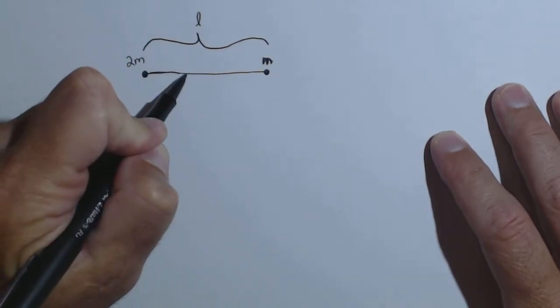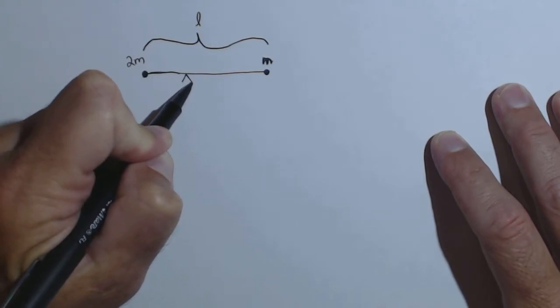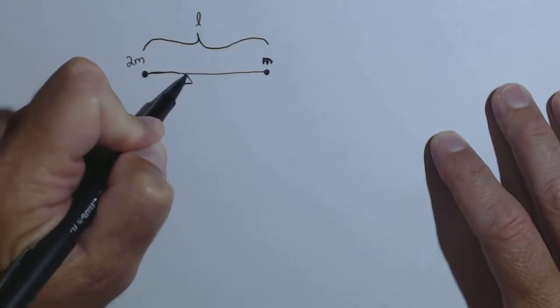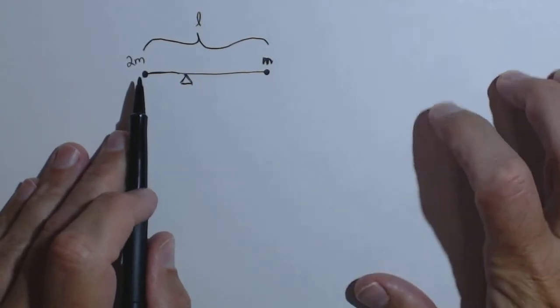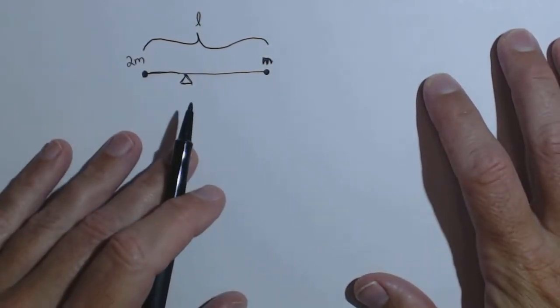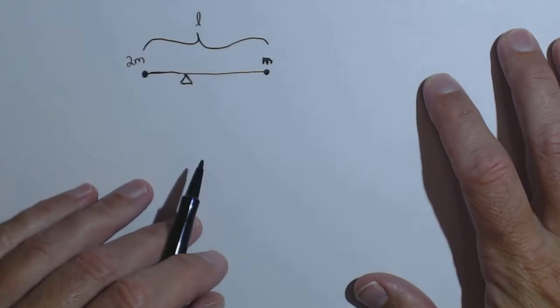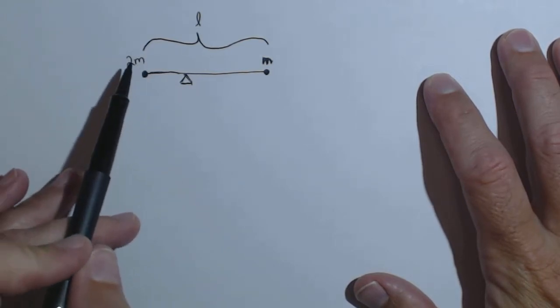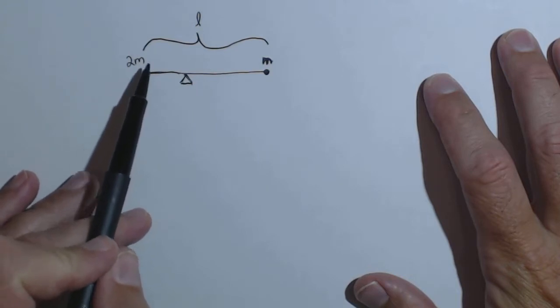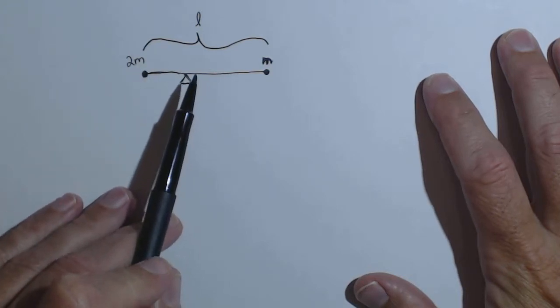So we know that the lever, the fulcrum, is going to have to sit probably closer to the side where we have more mass. What we want to do is figure out how much more it has to be. Well, what we're going to do is look at the moments. The moments are the tendency of an axis to turn in one direction or the other.